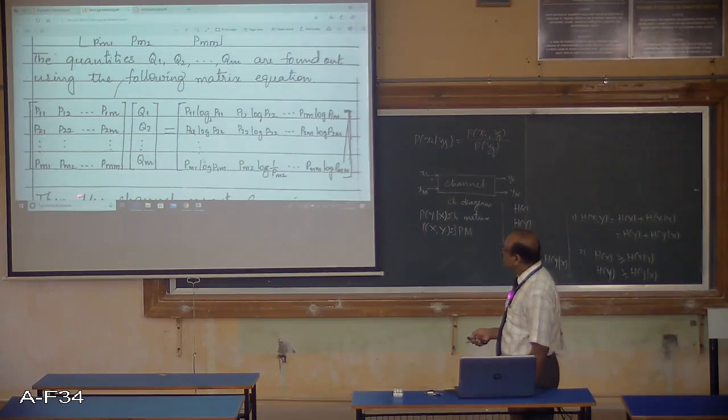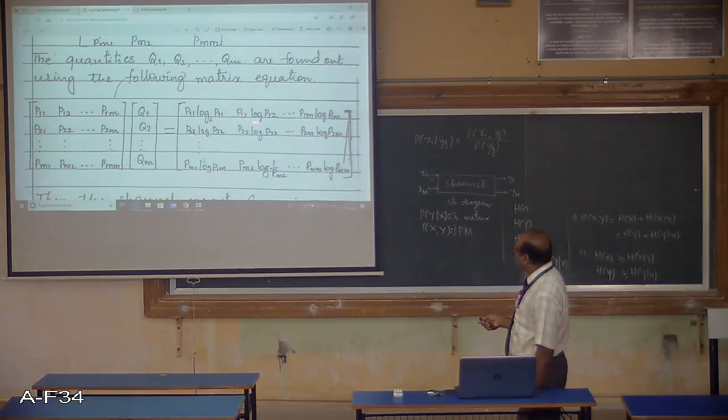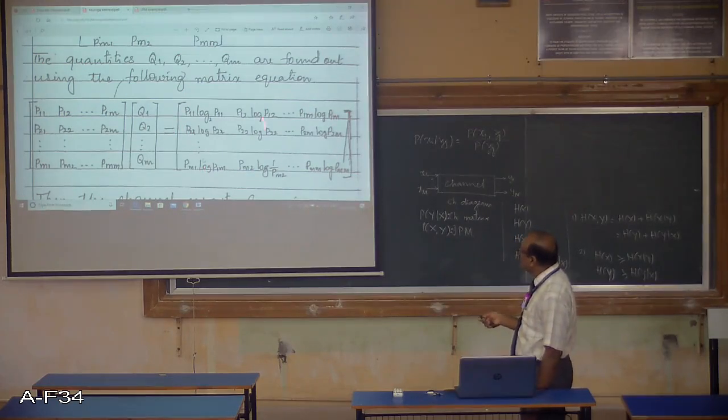So this channel matrix multiplied by the parameters to be found is given by the relation P11 log P11, P12 log P12, up to P1m log P1m. So these are multiplied by log, so it is not log 1 divided by. Hence all these values come out to be negative.